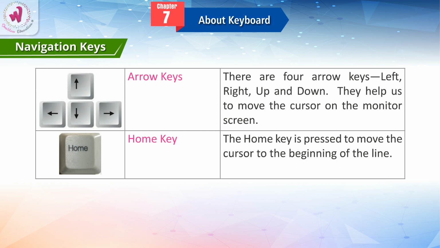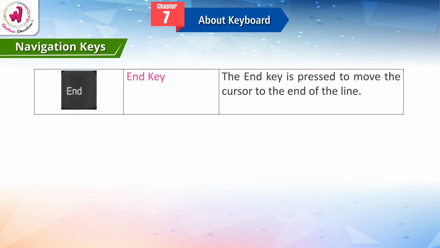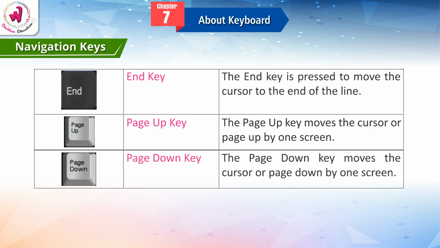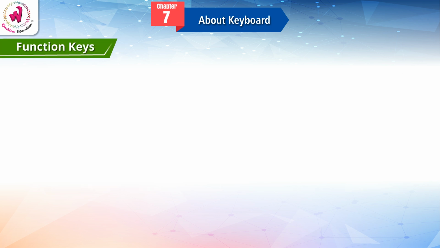The home key is pressed to move the cursor to the beginning of the line. End key. The end key is pressed to move the cursor to the end of the line. Page up key. The page up key moves the cursor or page up by one screen. Page down key. The page down key moves the cursor or page down by one screen.